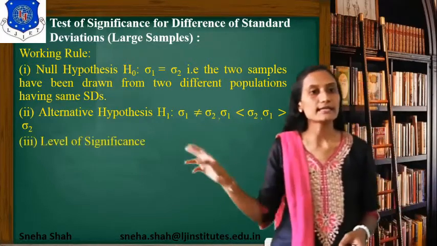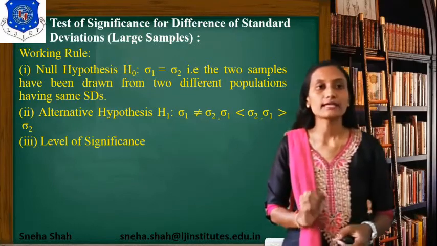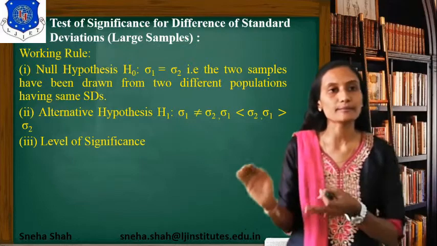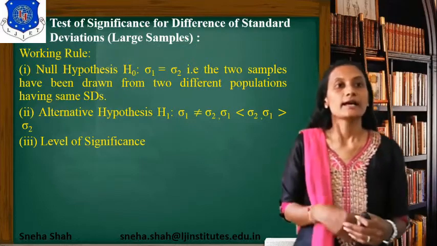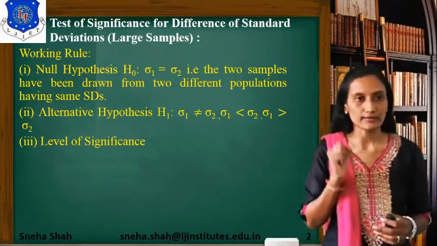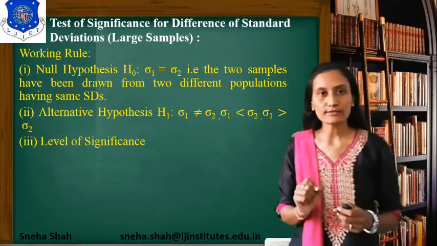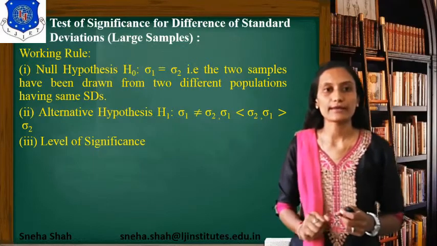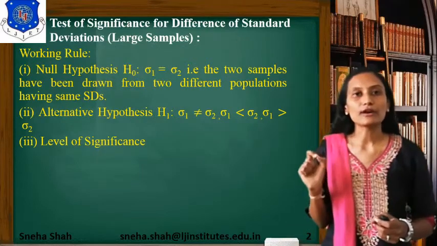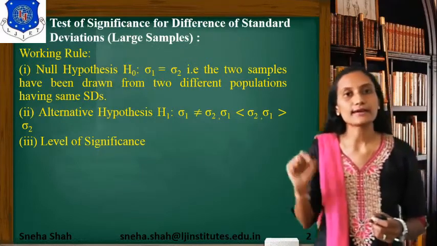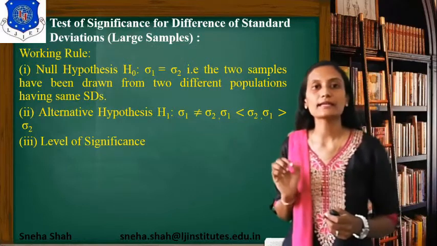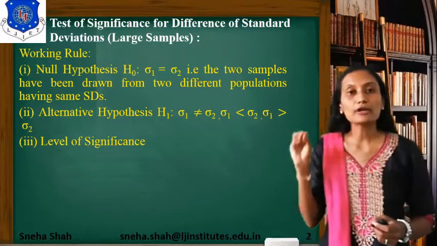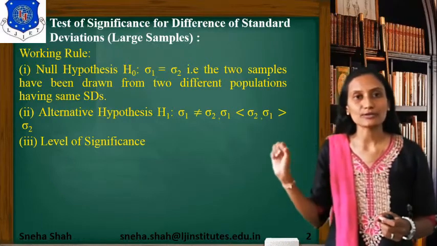Now, for the level of significance, if in any example the level of significance is given as 1%, 5% and so on, then you have to take that particular value. Otherwise, if the value is not given to you, then you have to take the level of significance as 5%. So we take the level of significance as alpha, represented as 5%, which means 5 upon 100, so it is 0.05.